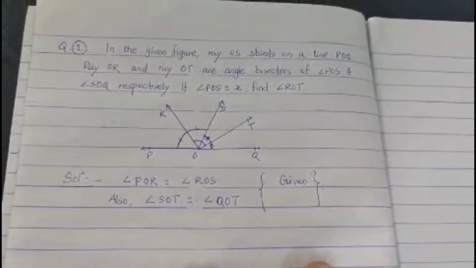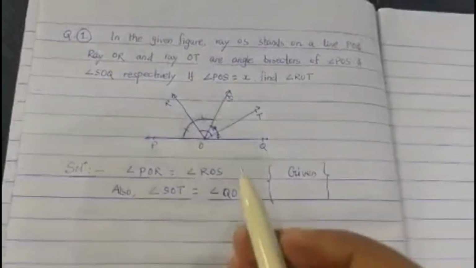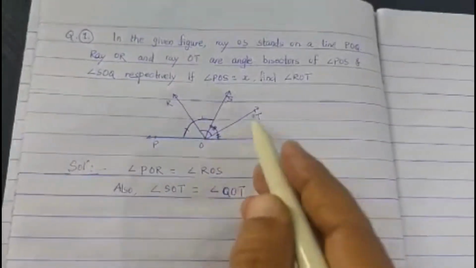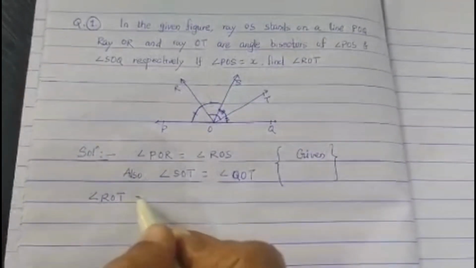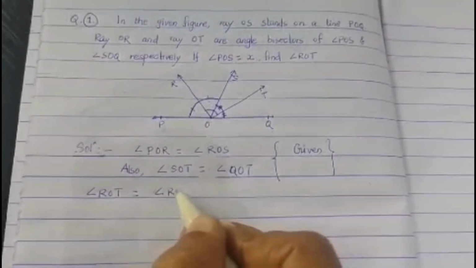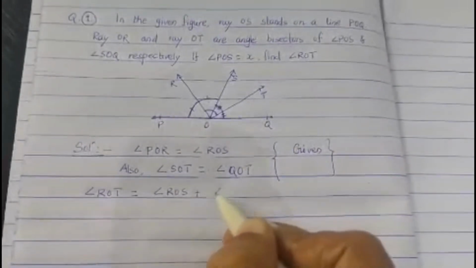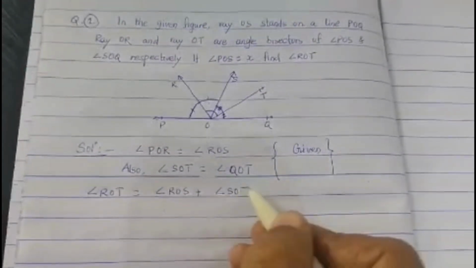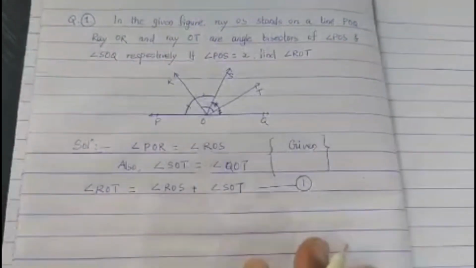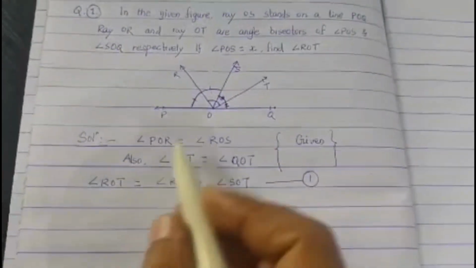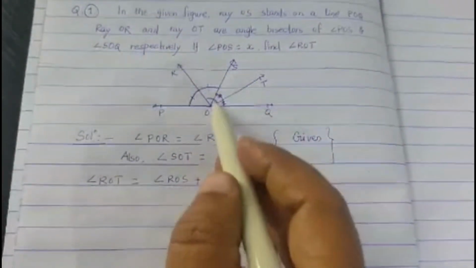Now let's find this angle ROT. We can write it as angle ROS plus angle SOT. Let us name it equation 1.